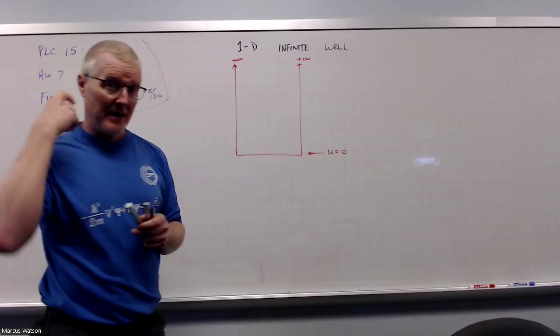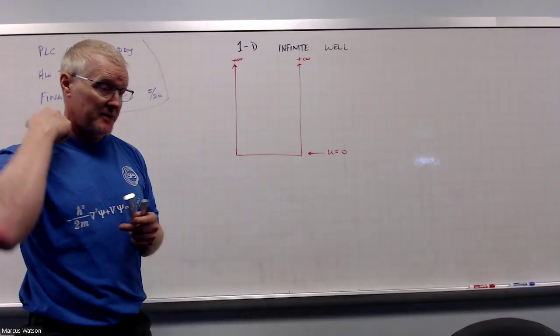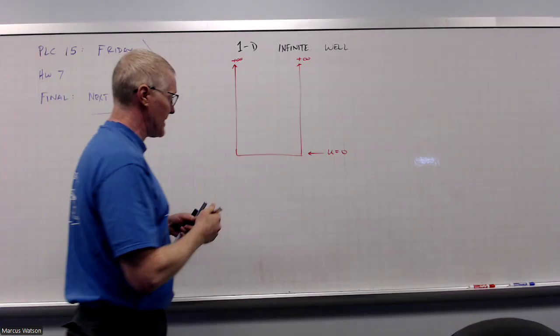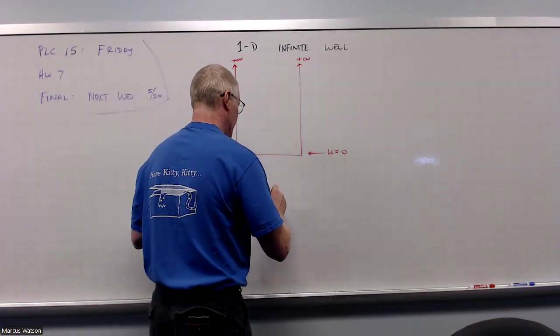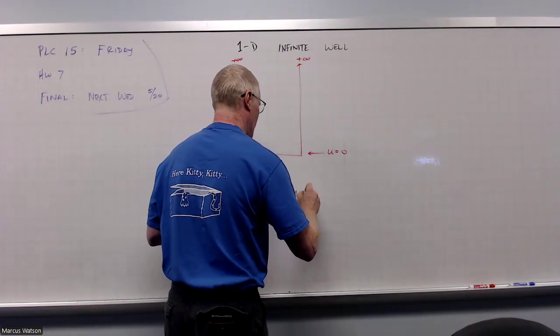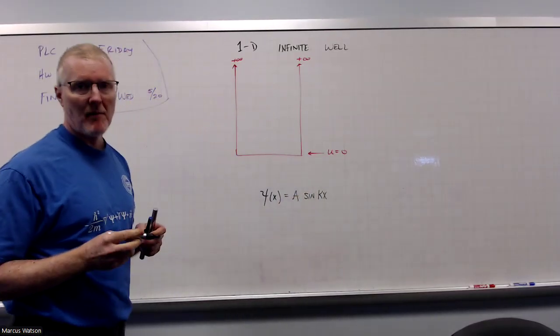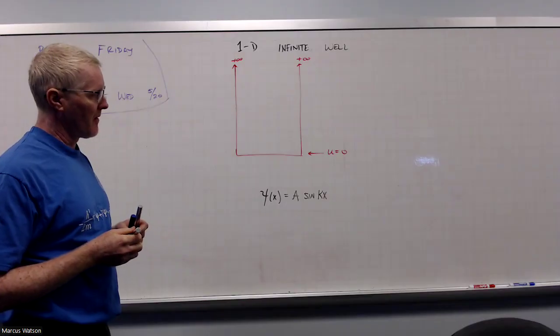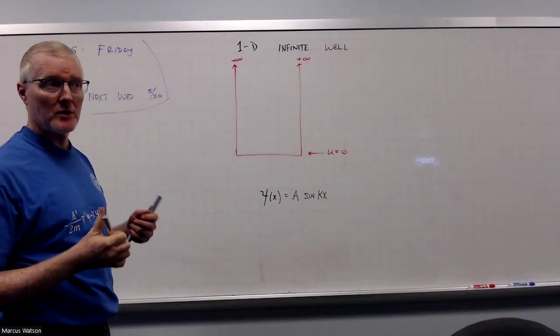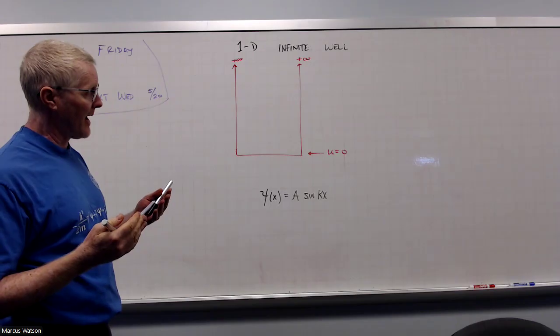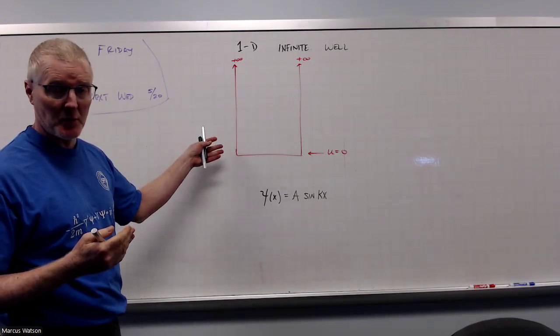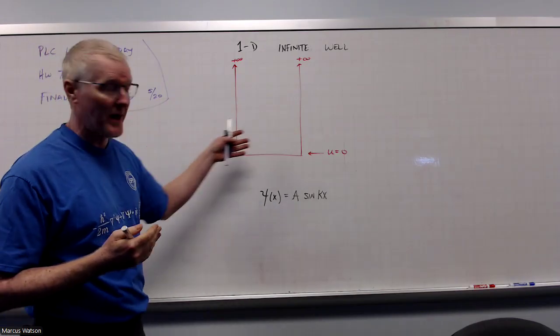And we were finding that we had only the sine versions, and that the cosine was not going to be applicable in this case, because we needed to force the wave function to go to 0 at the ends of the well here and here.